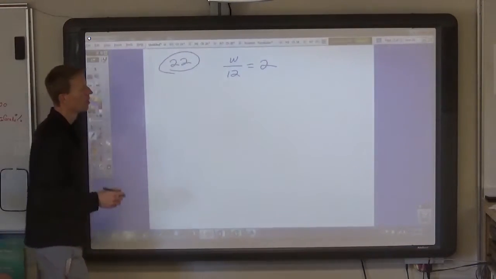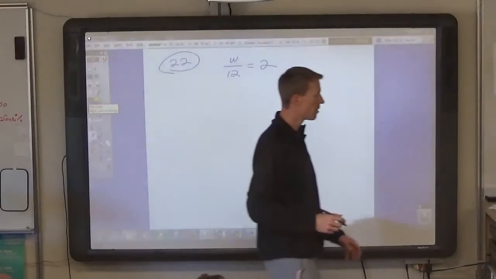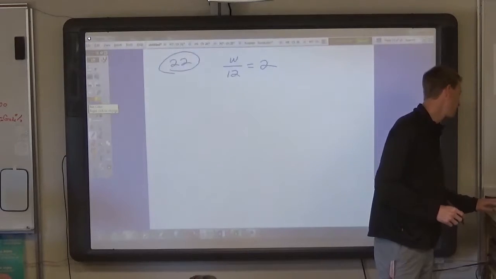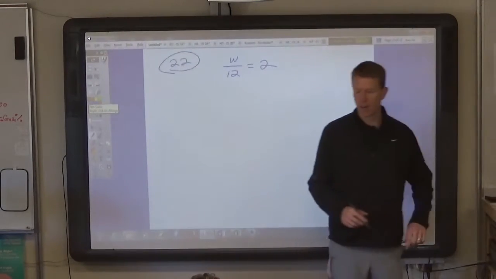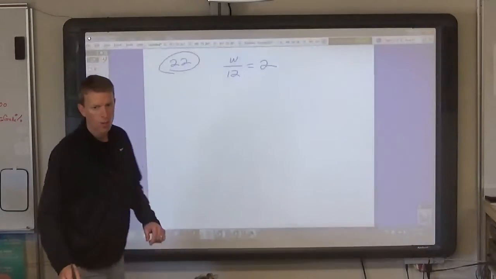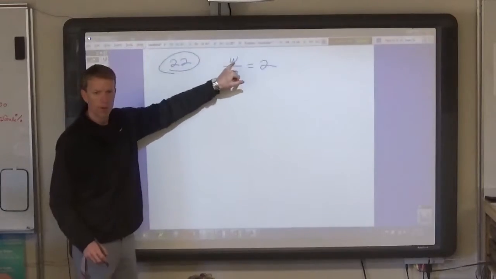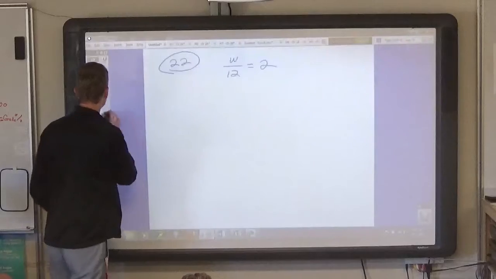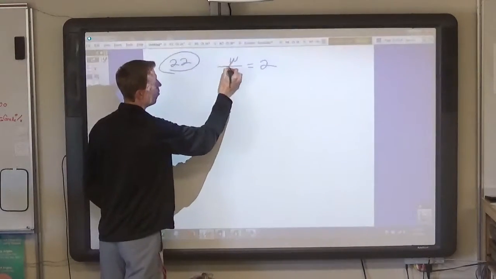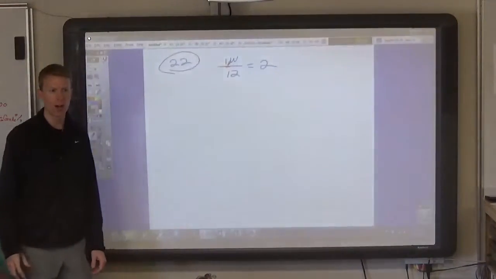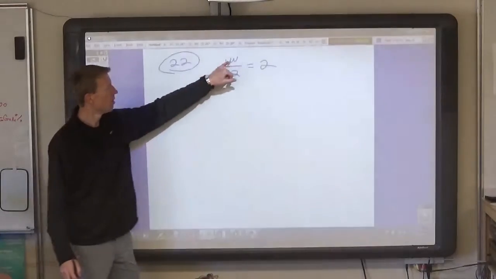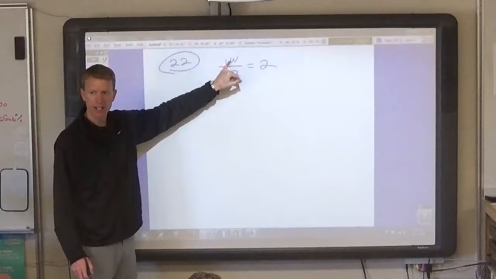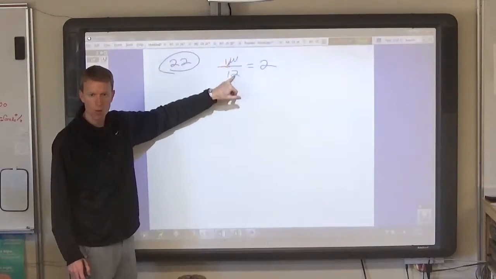Now, if you look back on your practice sheet on those examples, this one's a lot like number 3, where the coefficient number is on the bottom, which really means 1 over 12, 1W over 12. If we look at just the number, the coefficient is 1 over 12.